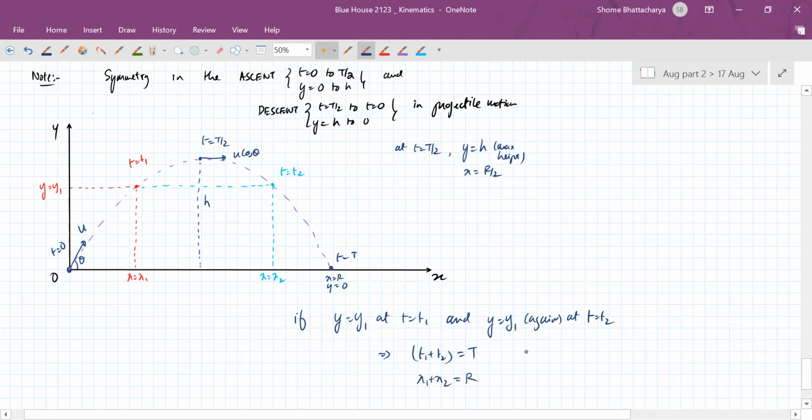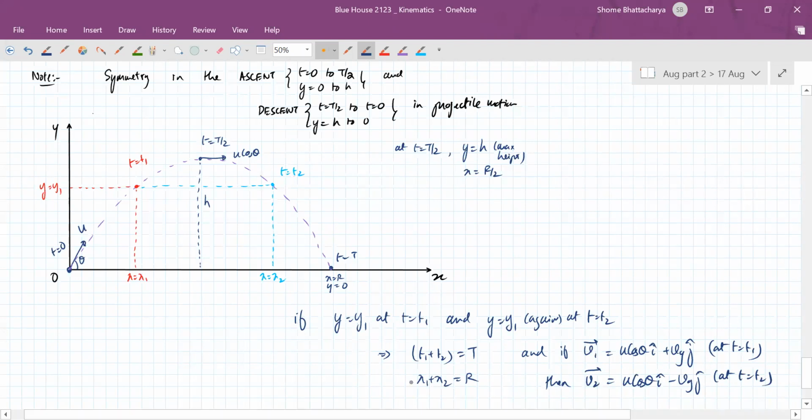And if v1 is equal to u cos theta i plus some vy j at t equal to t1, then v2 will be equal to u cos theta i minus that same component at t equal to t2. So that is the symmetry, that these two points are symmetrical.